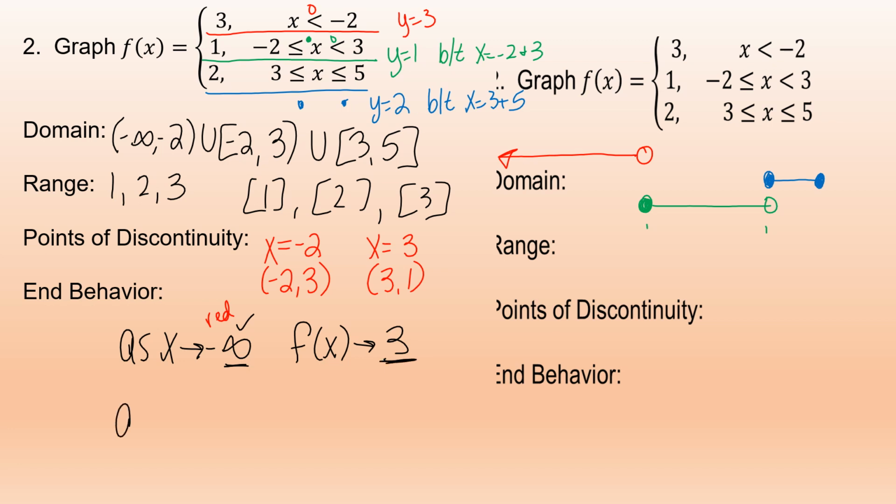And then as x approaches positive infinity, no, not positive infinity, but 5, that's where it stops. Again, look at the blue graph for this one, its domain. The y values, f of x is approaching 2, because that's its y value.